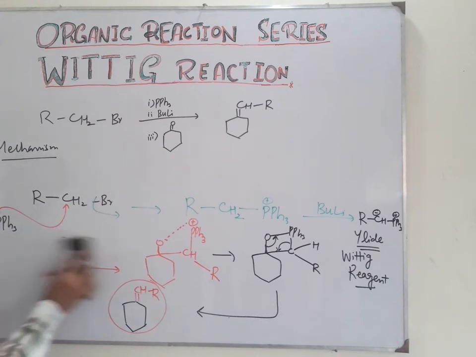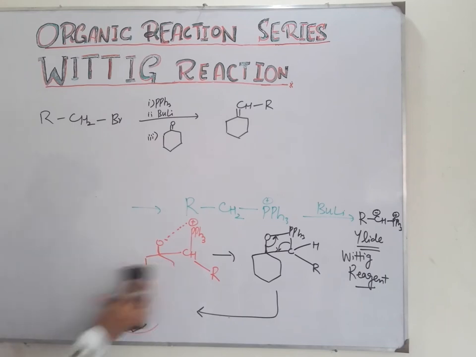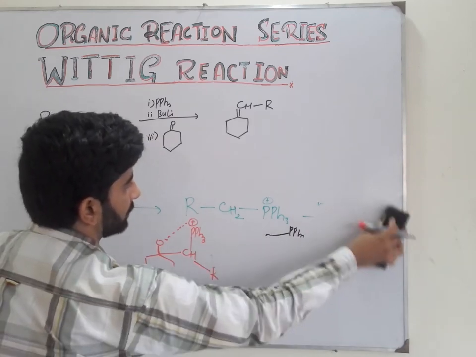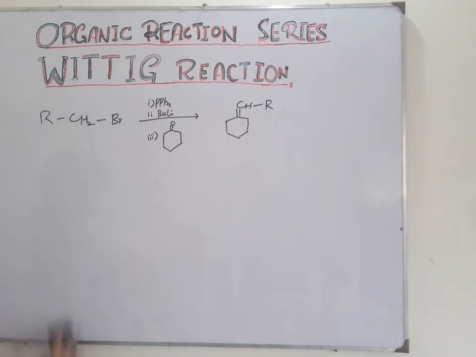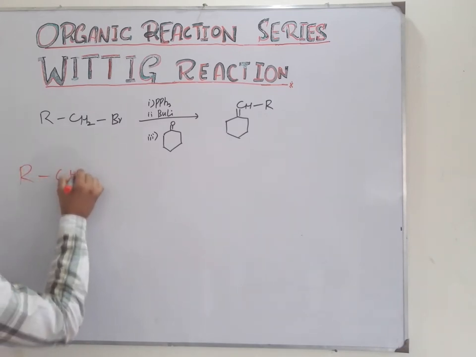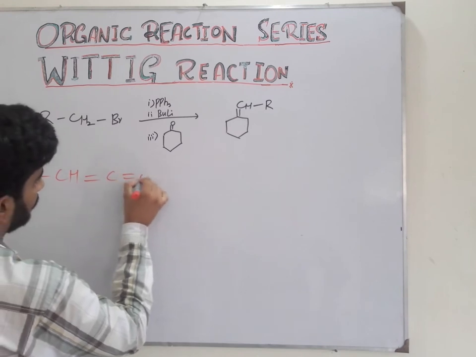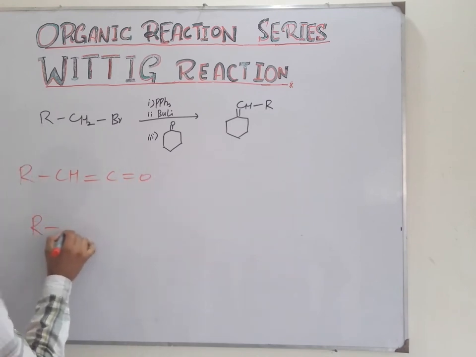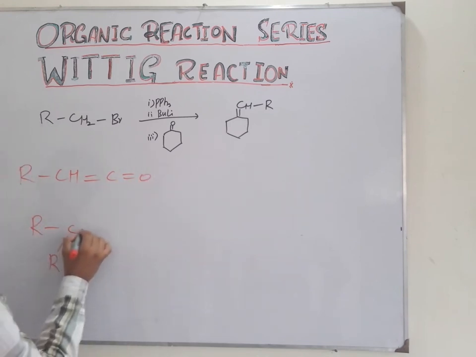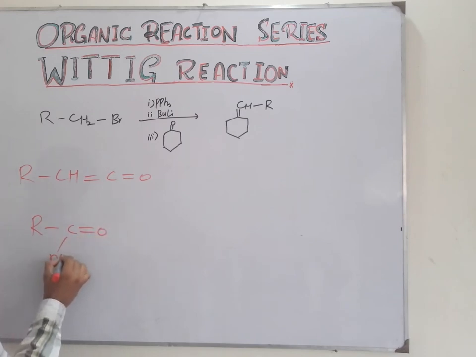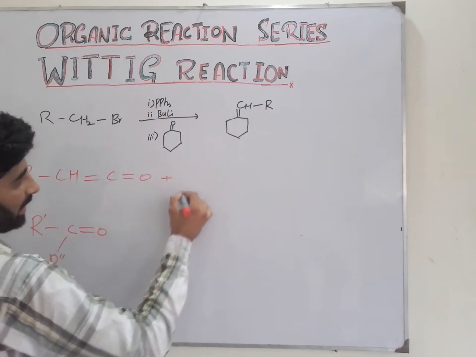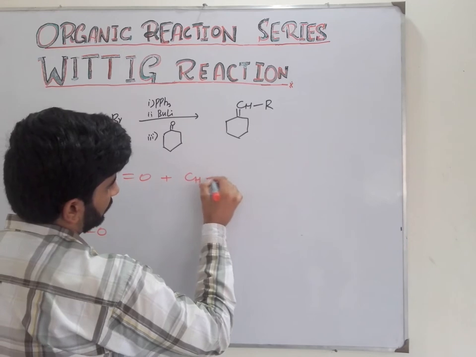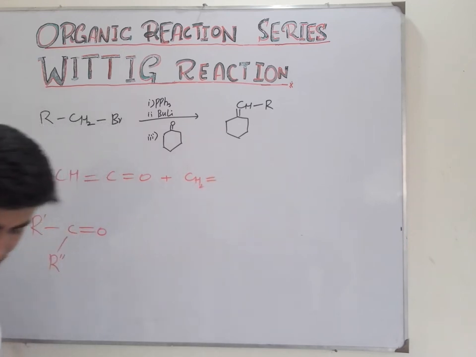Now we discuss some other examples of the Wittig reaction. For example, we have a ketone, then we add ylide.